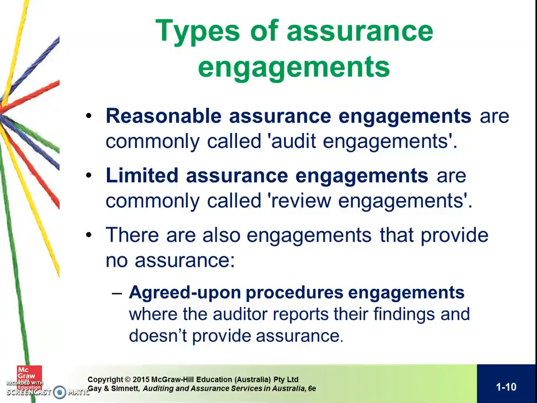So, if I put it in my own language, audit engagement is a type of assurance engagement. If you compare orange and fruit, orange is audit engagement and fruit is assurance engagement.